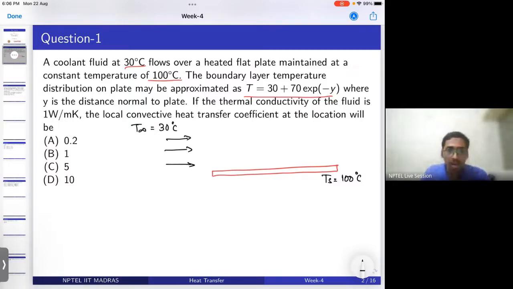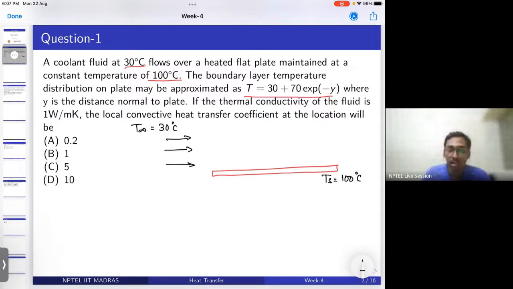As it's a flow, both the thermal boundary layer and the velocity boundary layer will grow over the plate. If there is no heat transfer, there will not be any thermal boundary layer, but the velocity boundary layer will still be formed.